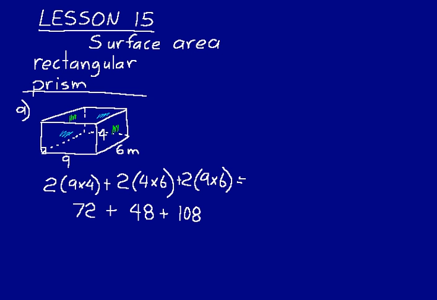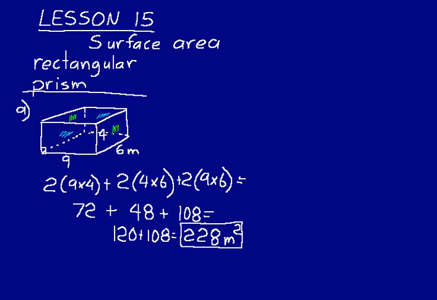And let's add in pairs. 72 plus 48 is 120, plus 108 is equal to 228. Now our units there were meters, and we need to put meters squared because it's area, surface area. So that would be the total surface area for that right rectangular prism.